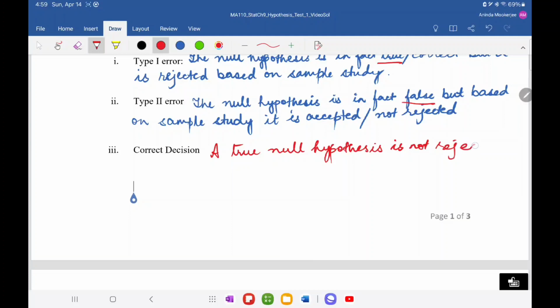So that's one case. When the null hypothesis is true, we do not reject it. We accept it. We keep it the way it is. Or a false null hypothesis is rejected. That's how it should be, and we have taken the right decision.